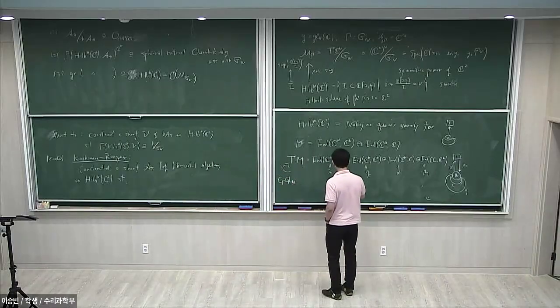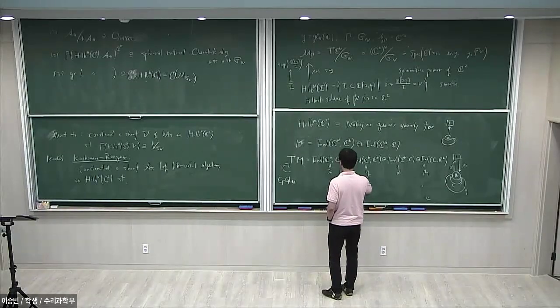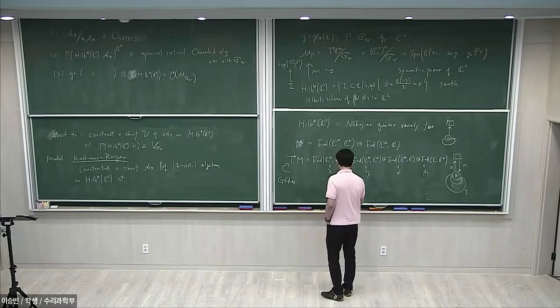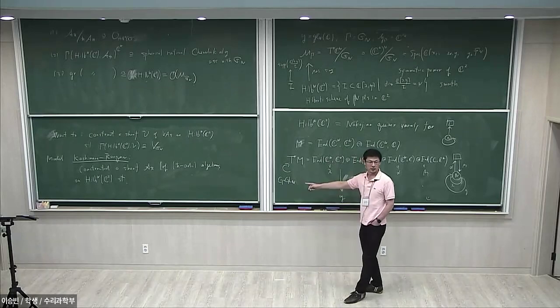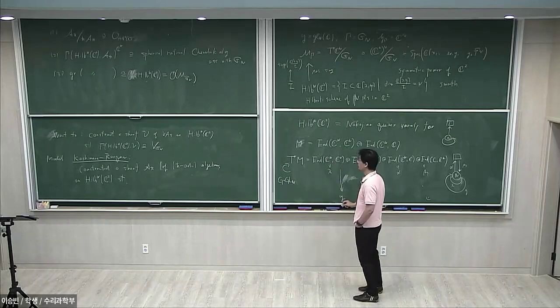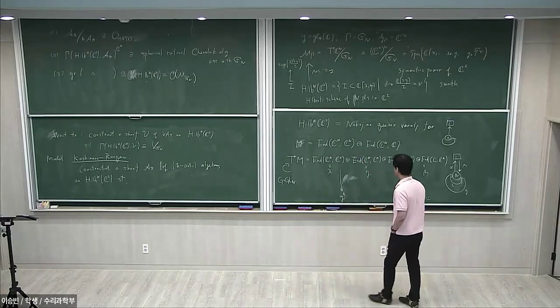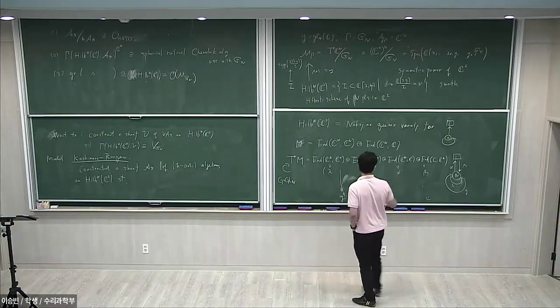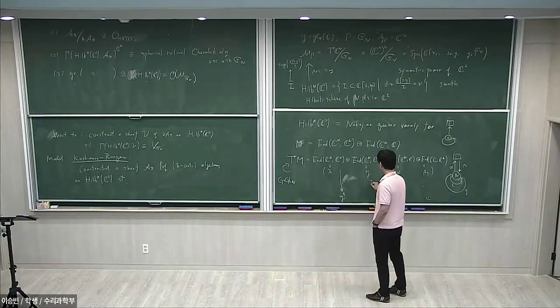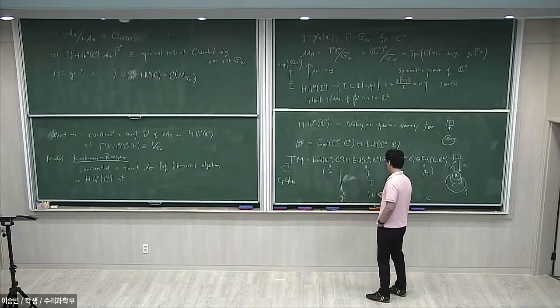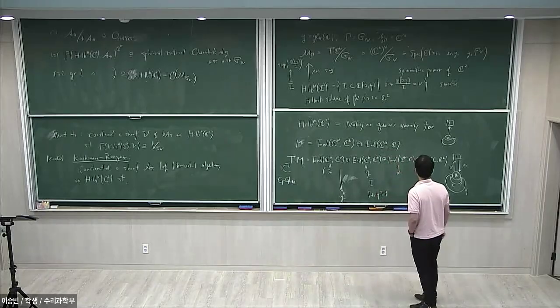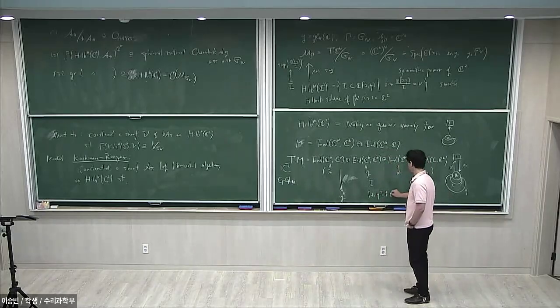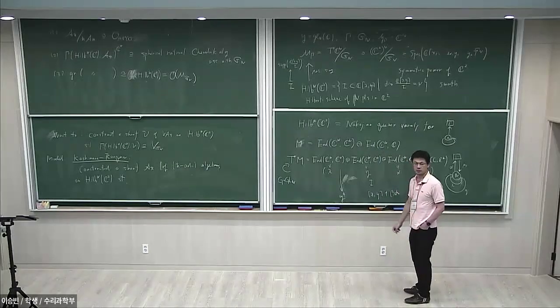So you have a momentum map to the dual of the Lie algebra of this GL_N, and the map goes like the bracket of X and Y plus beta and alpha. So this is our momentum map.